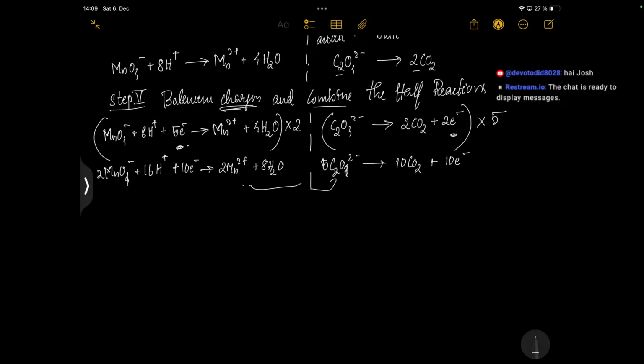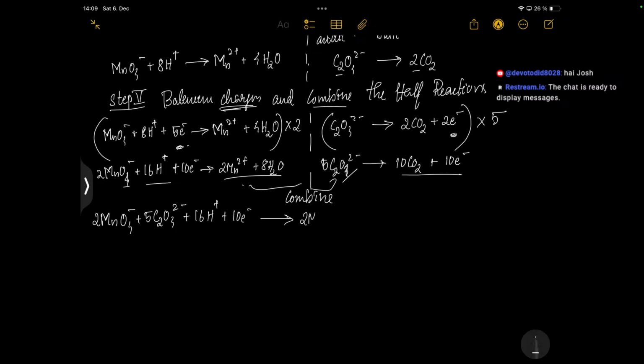Just add the reactions, combine them. The reactants should be on one side, these two should be on the other side. So 2MnO4 minus plus 5C2O4 2 minus plus 16H plus plus 10e minus gives 2 Mn2 plus plus 10CO2 plus 10e minus. Those are cancelled.